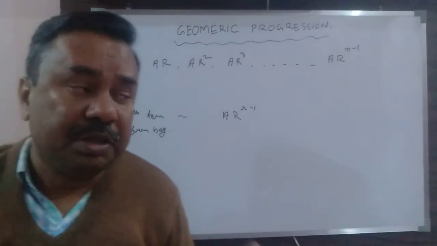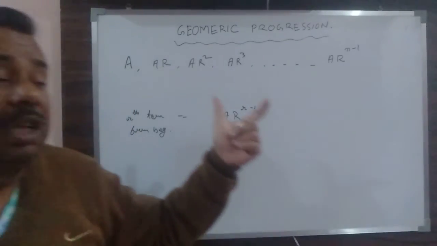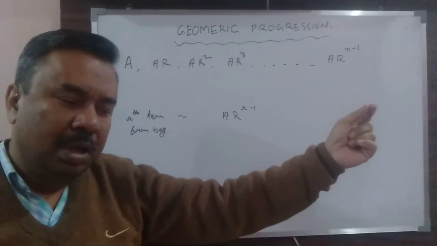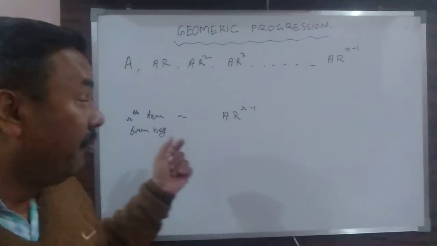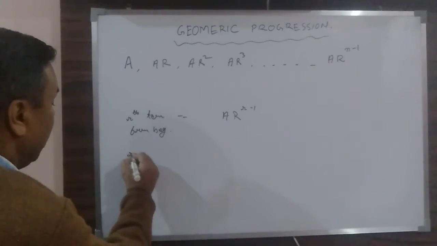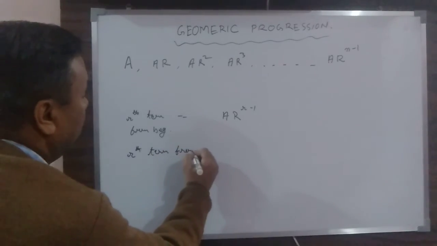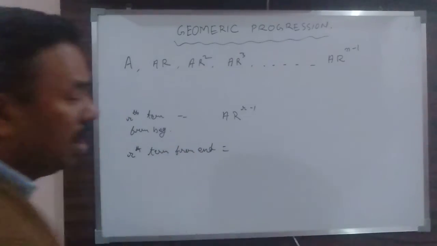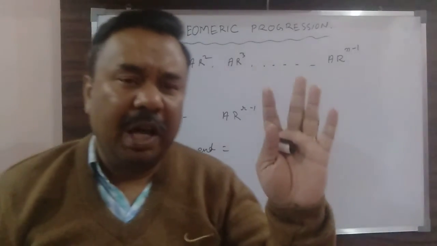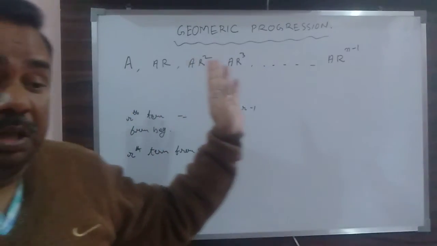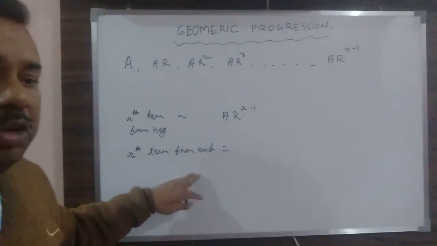Now what happens if you are asked to find the rth term from the end? Just recall what I gave in the video for arithmetic progression. The same concept was there also.